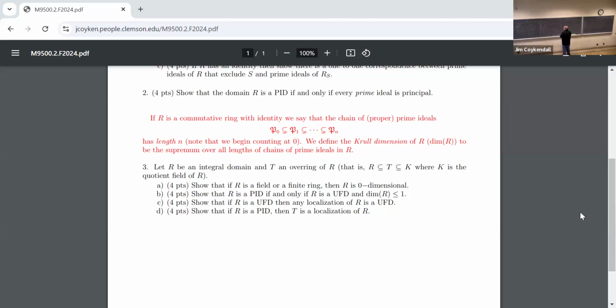So since R is in J, R is R1 prime Y1 plus R2 prime Y2 plus Rm prime Ym.